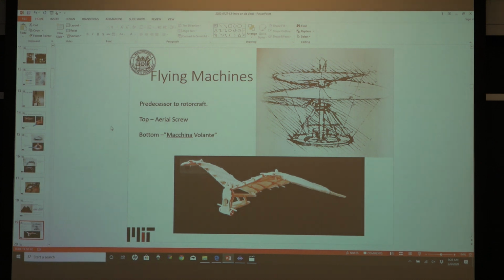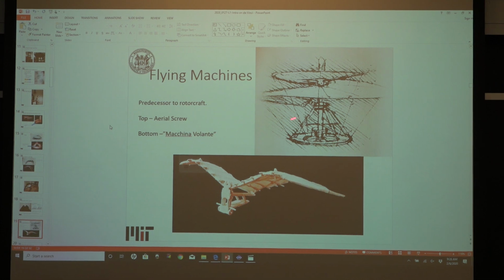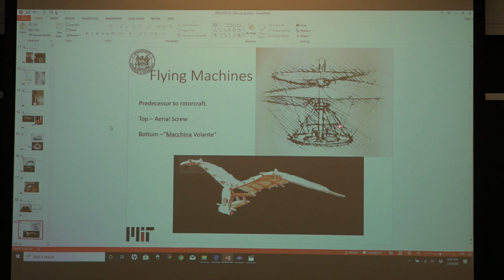So the flying machines, he had two types of flying machine designs. They're predecessors to rotorcraft, and this is the flying machine here where he would have people moving with both arms and legs. And you see it's almost like a helical, double helix type design here.